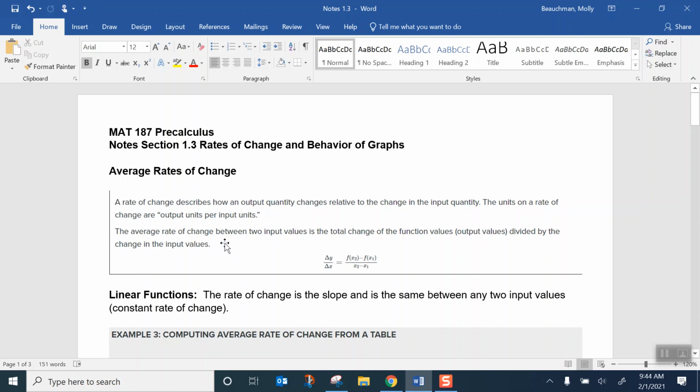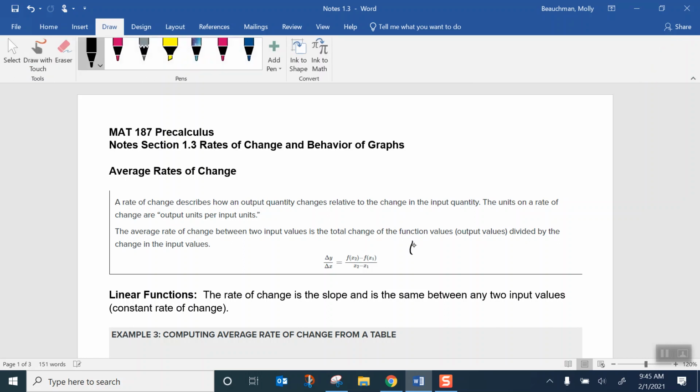So the average rate of change between two input values is the total change of the function values, the outputs, divided by the change in the input. So the notation is a little bit different. We have delta y over delta x. That means the change in y over the change in x. If you have 2 points, instead of x1, y1, our coordinates are x1, f of x1.